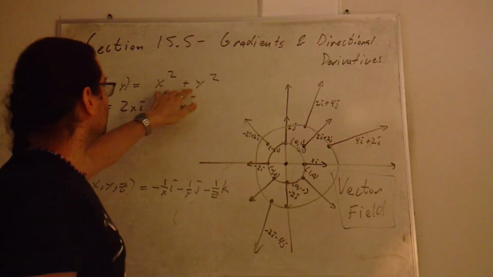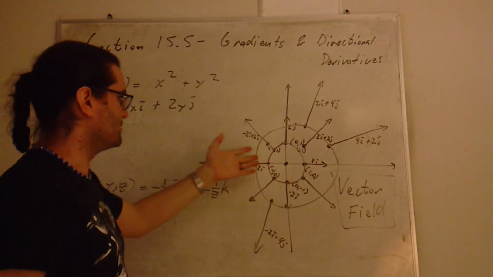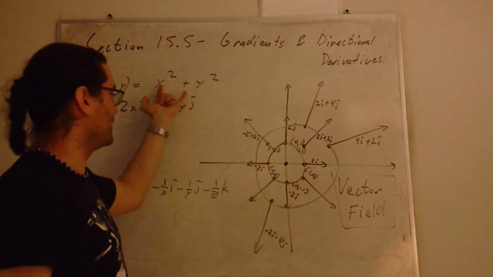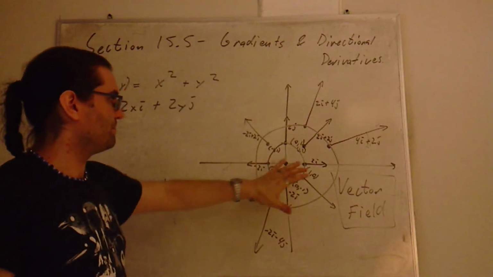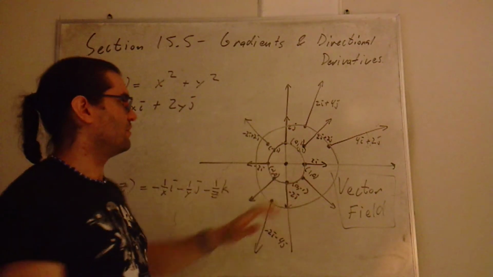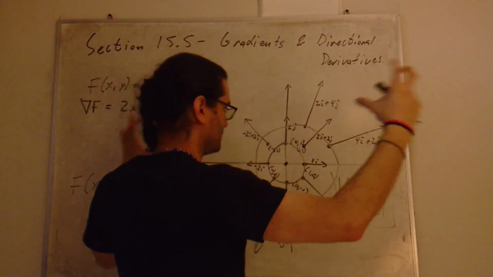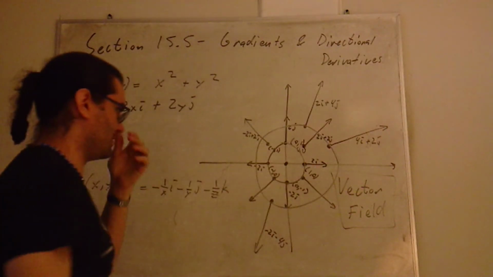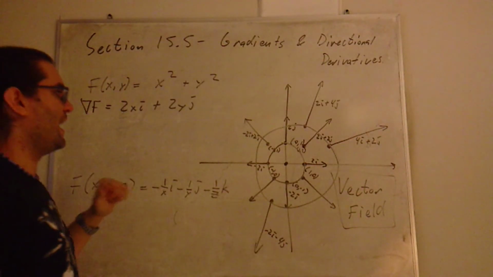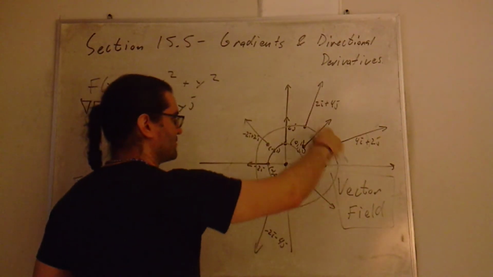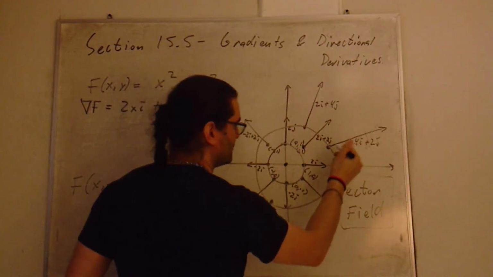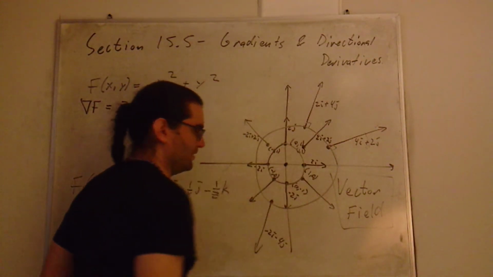So the level curves of x squared plus y squared equals z are just z equals the radius squared. So the level curves for the paraboloid are circles, concentric circles, getting larger and larger out from the origin. And at any point on this circle, the gradient is always going to be perpendicular.